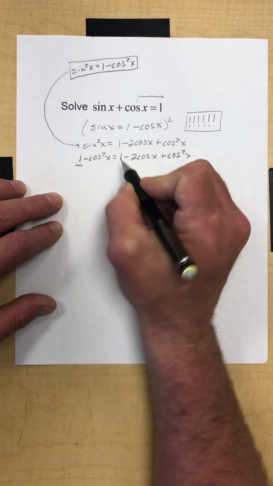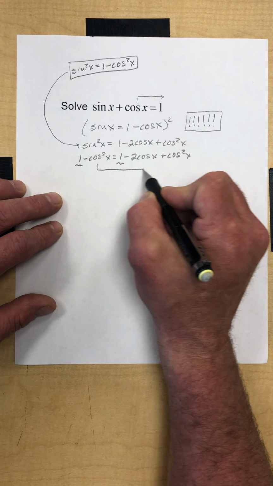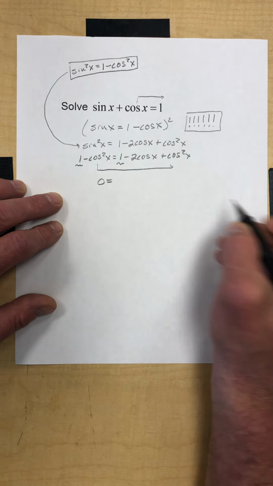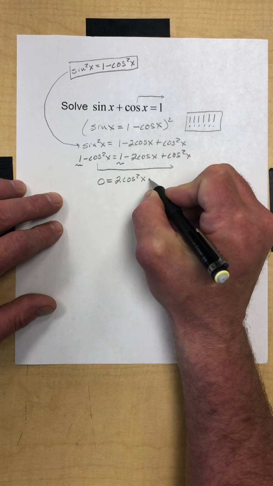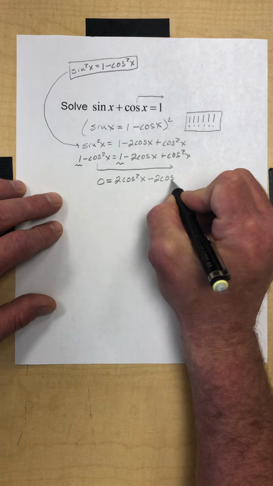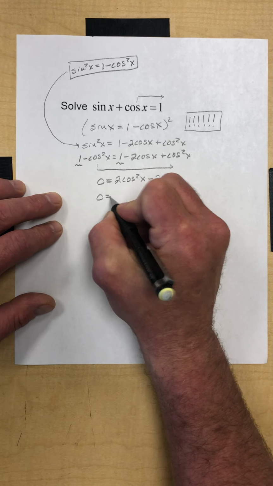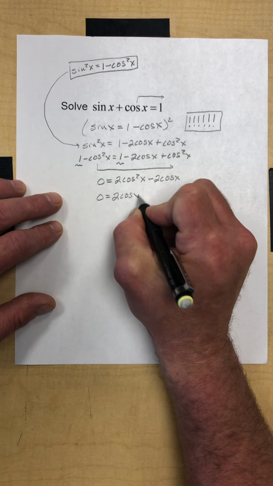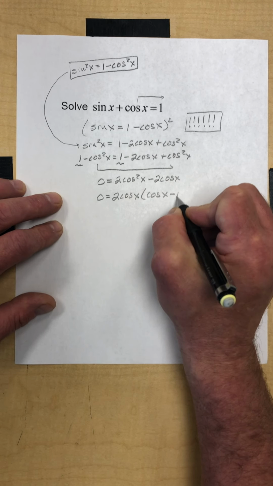And again, the 1 and the 1 cancel each other off, and so we bring this guy over and collect it. So I get 0 equals 2 cosine squared of x minus 2 cosine of x. Once again, you have a GCF, and it's 2 cosine of x. I'd be left with cosine of x minus 1 in there.